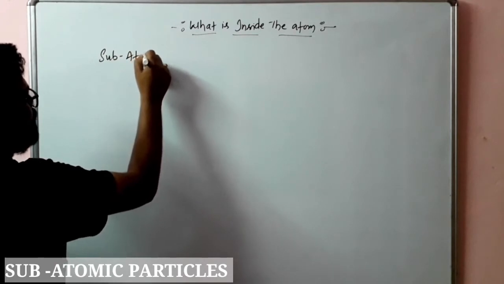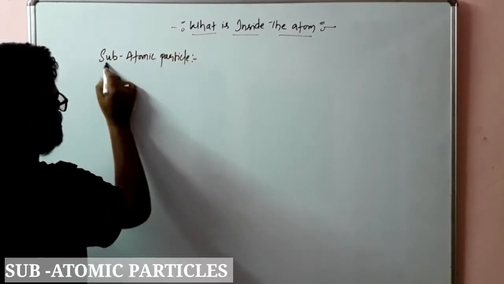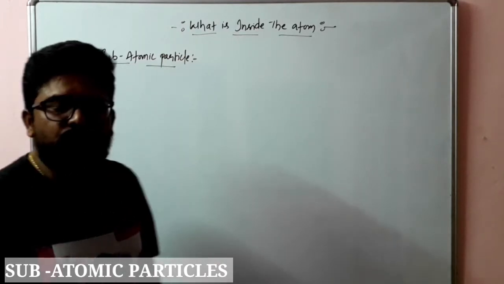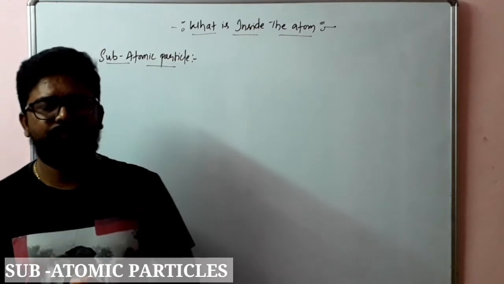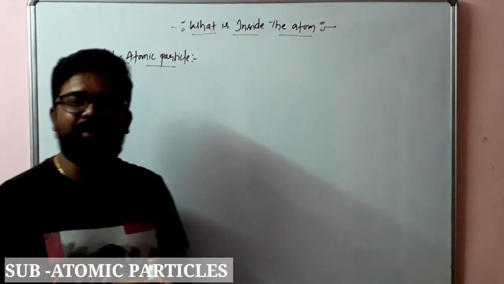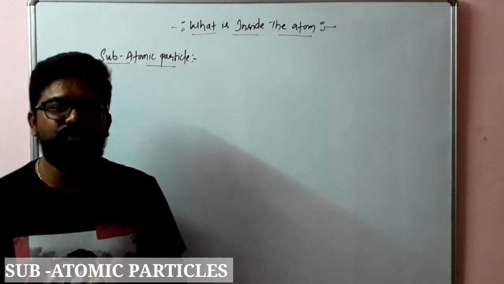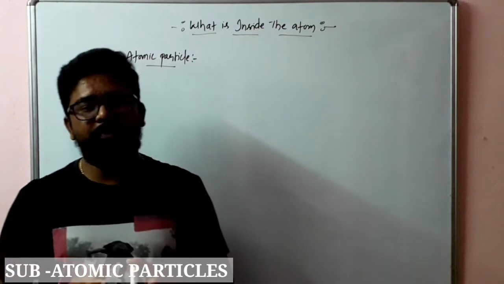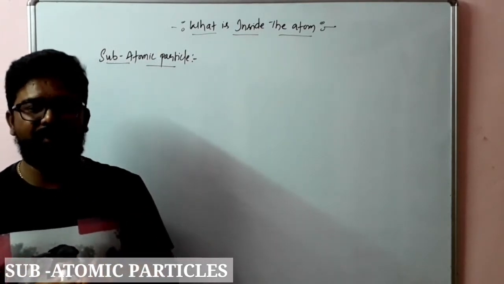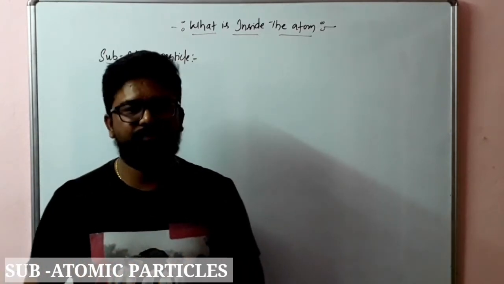So our topic is about subatomic particles. So children, generally in science, theories keep changing as new information is gathered. In Dalton's atomic theory, he proposed that the atom is indivisible, but experimental evidence has proved that the atom is divisible and it consists of some tiny particles.